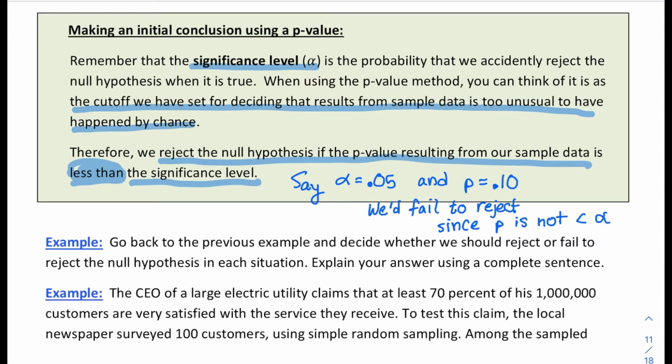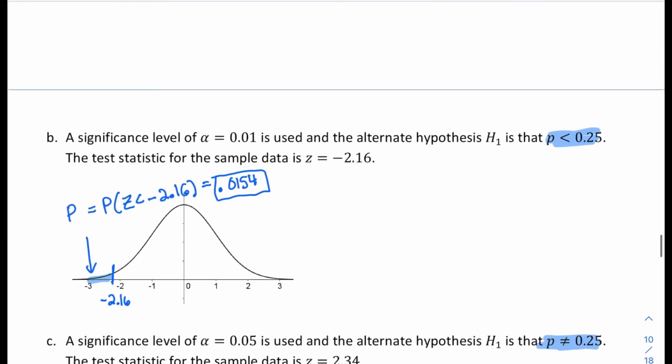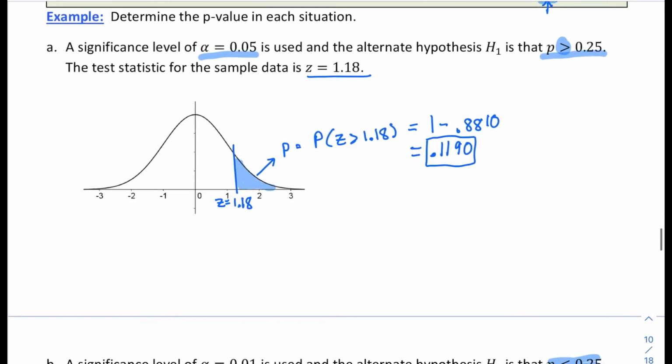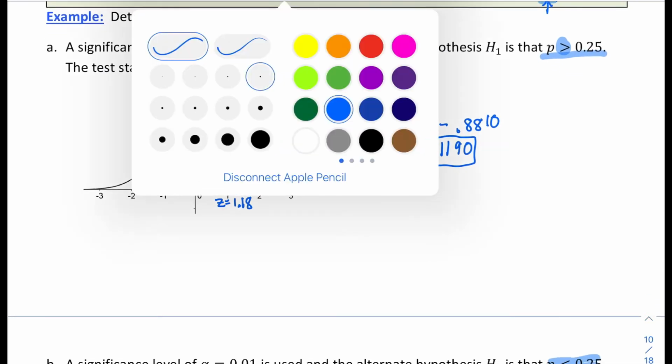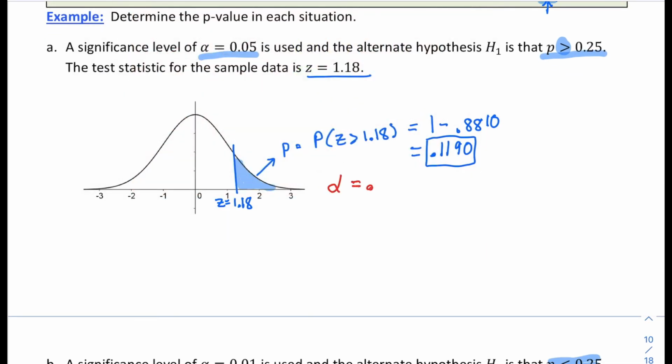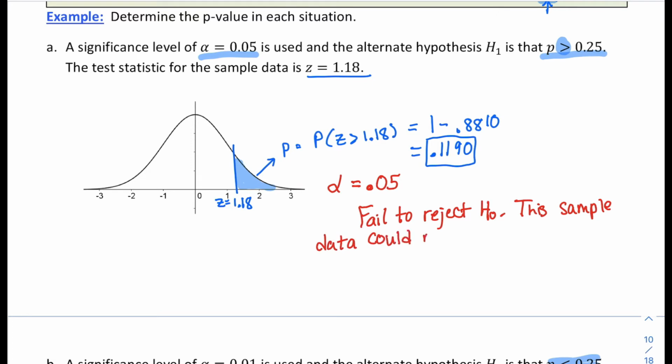We're going to go back to our previous examples and determine what conclusions we should make. So now we're actually using our significance level and comparing it to our p-value. So our significance level is 0.05 and our p-value is larger than that. So we're going to fail to reject our null hypothesis. Now, when you word it, there's multiple ways that you could explain.